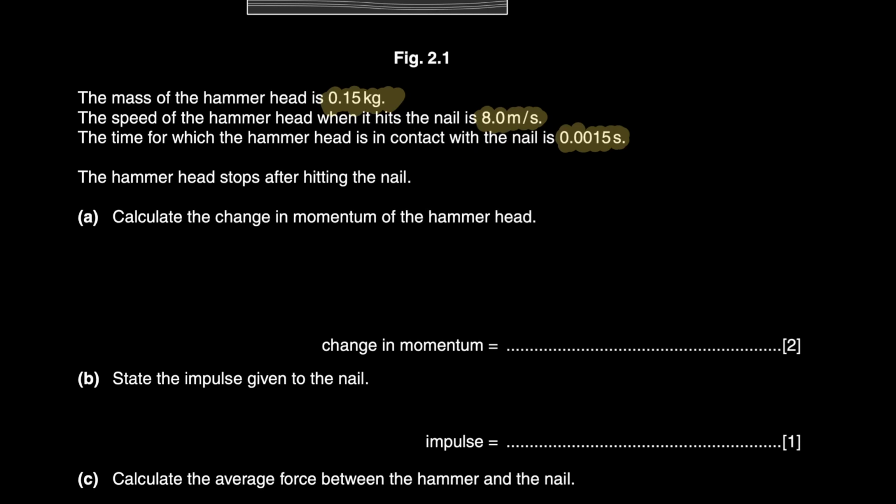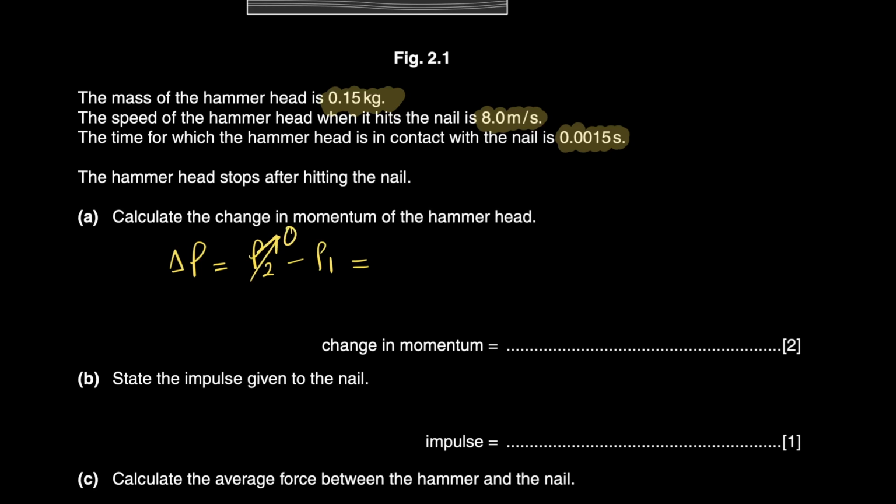Well, the change in momentum, which is the impulse essentially, is final momentum minus initial momentum. You can write 2 or 1 or whatever. Does not matter. All right. So the final momentum is 0 because it stops.